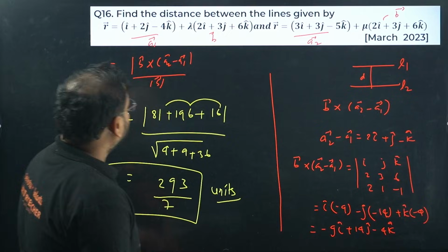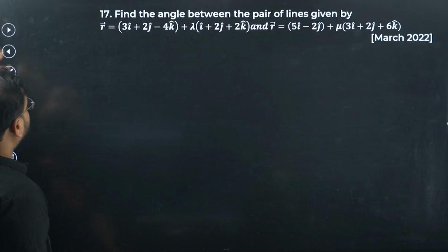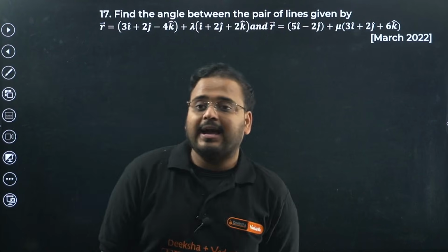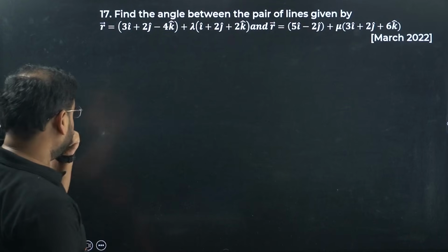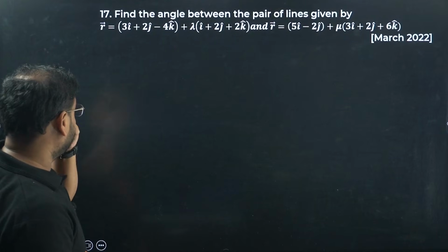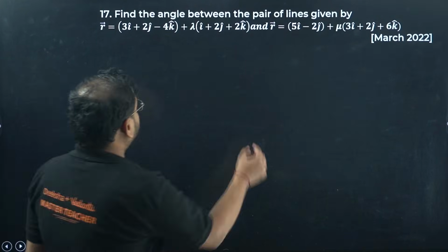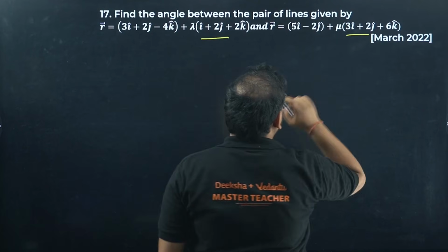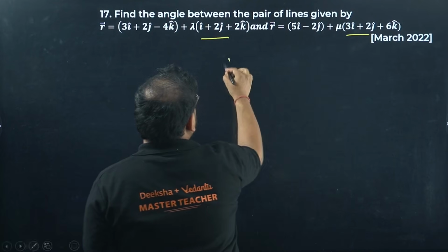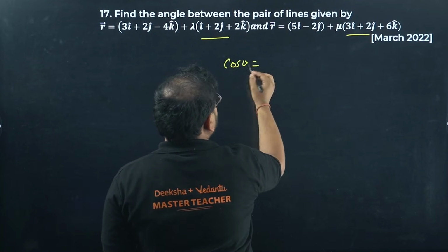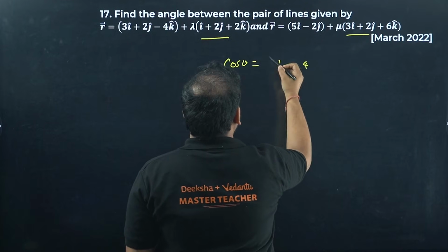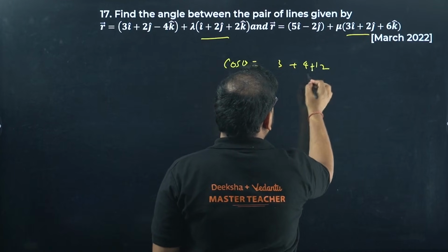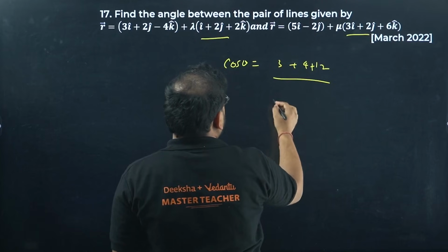Okay. Moving on. Question number 17. Find the angle between the pair of lines given by. We can use this now directly. 3, 2 and 6, 1, 2 and this. So cos theta will be what? Dot of these two. 1, 3 will be 3, 2 into 2 will be again 4, 6 into 2 will be 12. Okay, it's the same question actually.